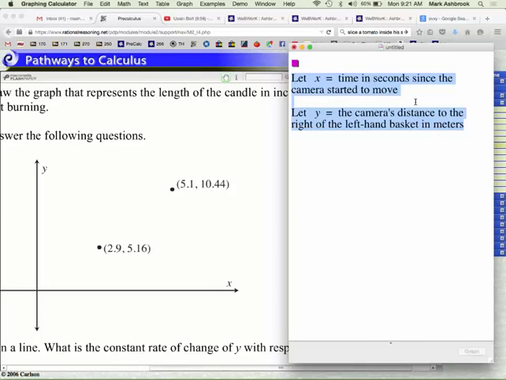And we want to let x equal the time in seconds since the camera started to move, and y is the camera's distance to the right of the left-hand basket in meters. So this is kind of hinting at a situation here. Can you imagine what this is talking about?